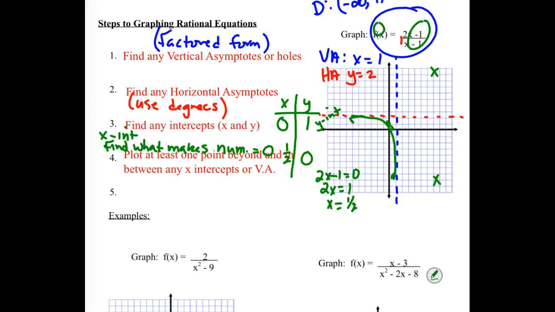So we're going to pick a couple points. We don't have to do a ton, but you need a couple on the right side of that vertical asymptote. So since my asymptote's at 1, I'm going to choose 2 and 3. So I'm going to extend my little table of values here. If I plug a 2 in, what do I get?